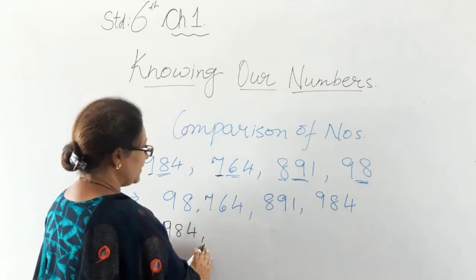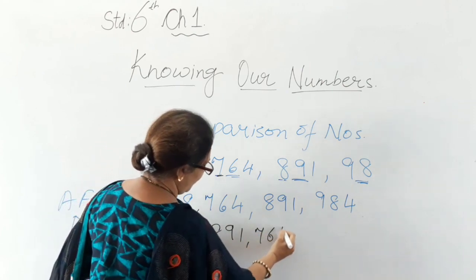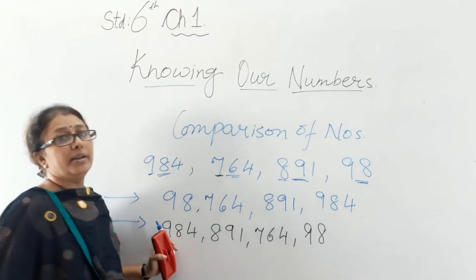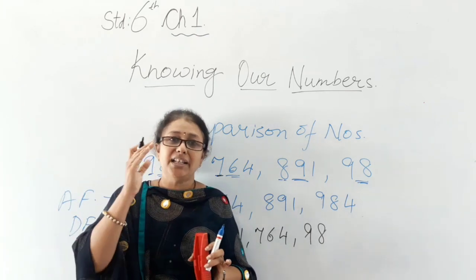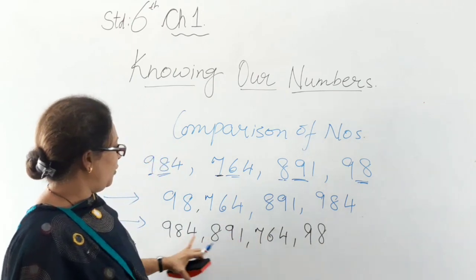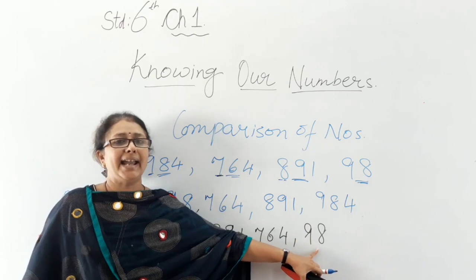So 984, then 891, 764 and 98. In descending form, the numbers are arranged from a greater value to the smaller value. So 984, 891, 764 and 98.